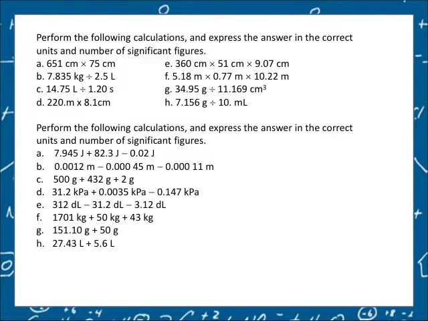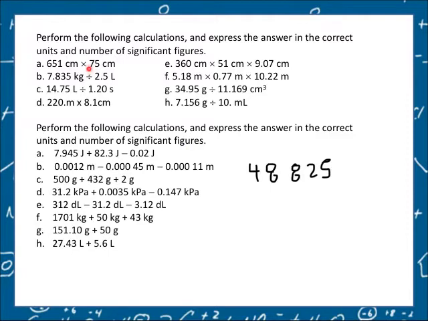So on the first one, 651 times 75, my calculator returns 48,825. I'm going to look at these two. This guy has my lower significant figures. It has 2 significant figures. If you need to know how I know the number of significant figures here, you're going to have to go back and watch part B. It'd take all day to go over that for each and every one of these.